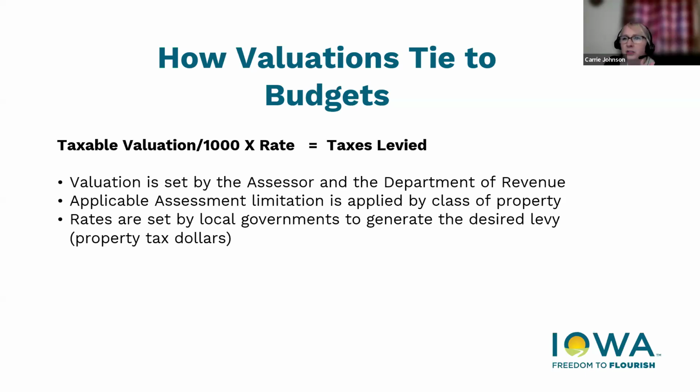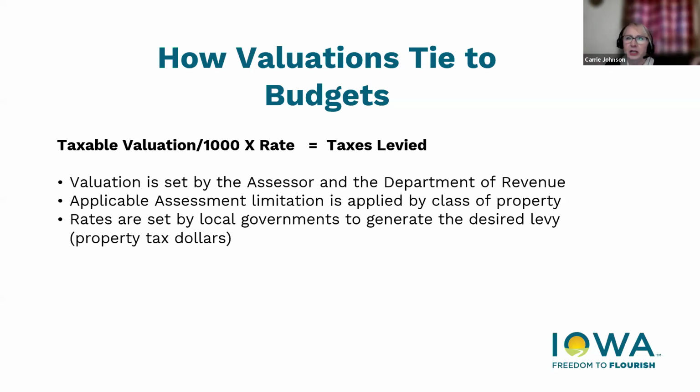So a $200,000 home, for purposes of taxation, you'd apply that assessment limitation of about 50%. So about $100,000 would be what the tax rate would apply to.